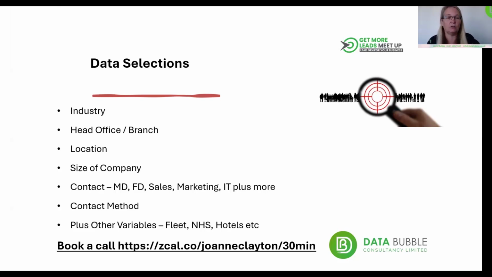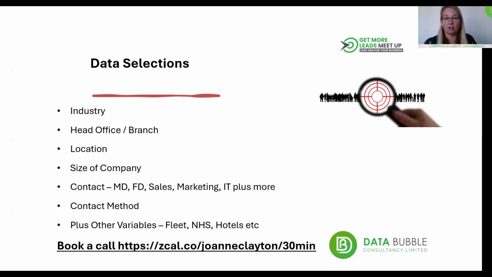It's entirely up to you as to what you want. And then you can go for the contact, whether that be the managing director, financial director, business owner, sales, marketing, IT. There's a list of around 30 different job titles that you can go for.